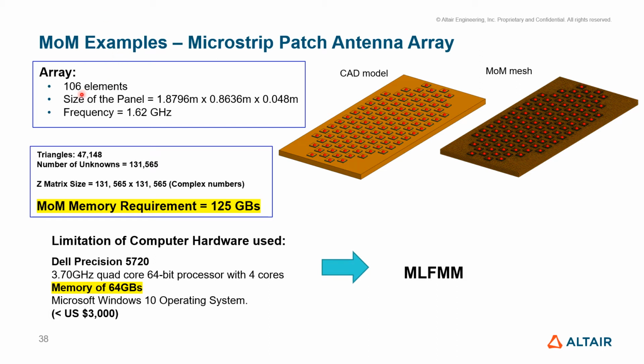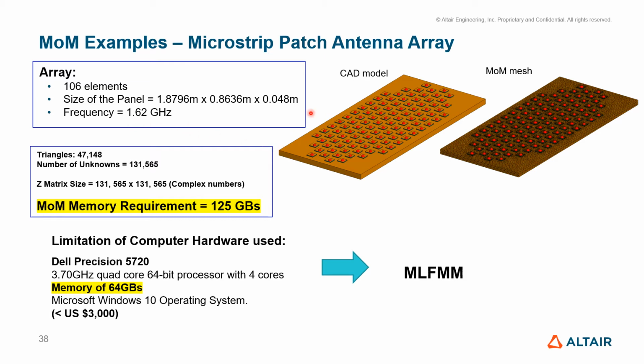You've seen the simulation of a single patch antenna on a finite ground plane in the previous example. Now let's take 106 of them and put them on a panel of this size: 1.8 meters long, 0.8 meters wide, and of course 0.048 meters in thickness. We're still solving at 1.62 gigahertz.